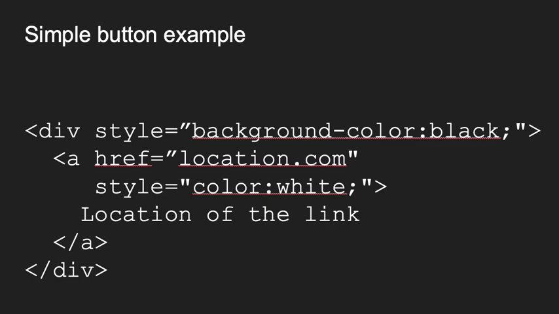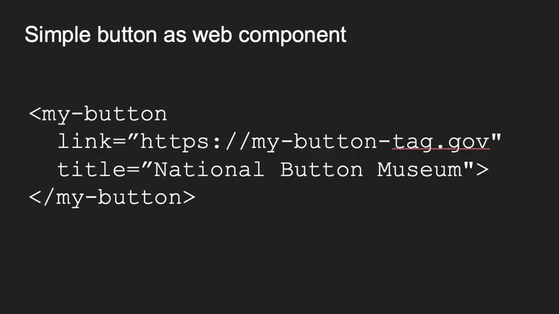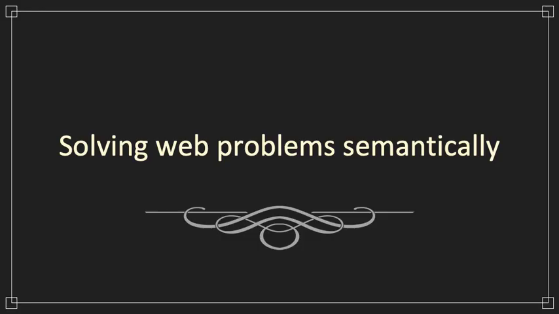If we were to make a web component that is that simple, semantic, human-readable button, it might be called my-button. It might point to a certain link instead of a src or href, and have a title instead of just arbitrary text on the page. So it allows us to create a new way of interfacing with HTML, and it solves a lot of problems through semantic usage.